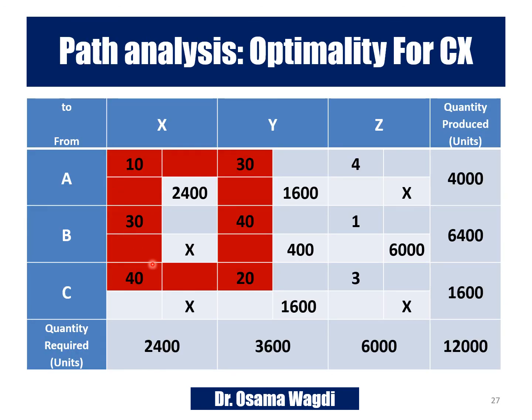Moving to next cell, which is CX. But here there is a tip. We can do it, or we can do the transaction according to 40 plus 20 minus 40 plus 30, because this is empty cell.